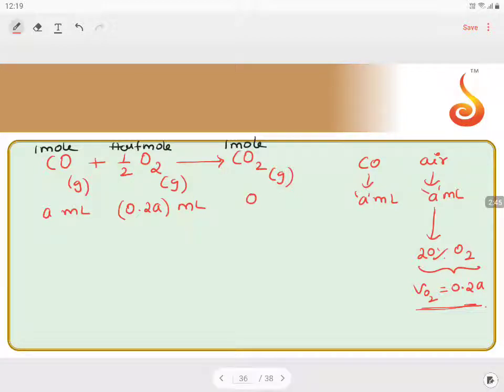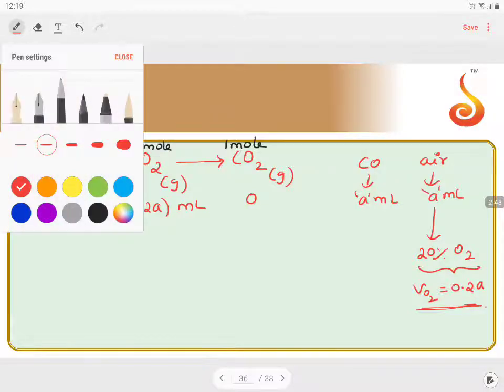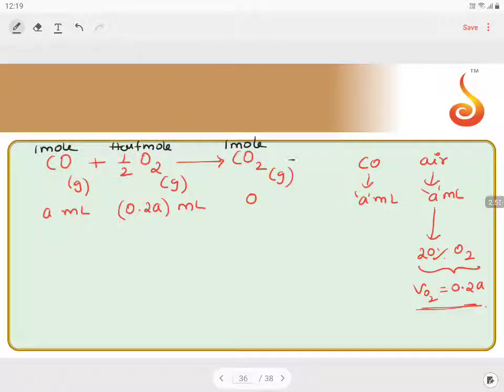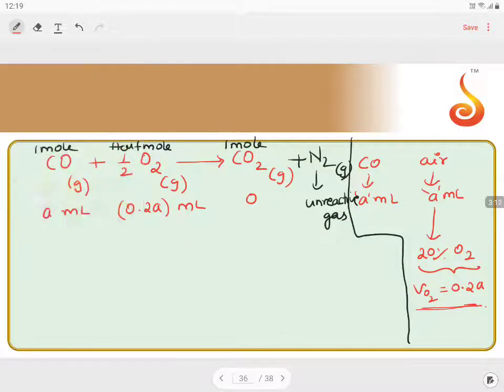Along with this, there is nitrogen in the total composition. This nitrogen is an unreactive gas throughout and remains the same. The remaining volume of nitrogen will be 0.8 A.